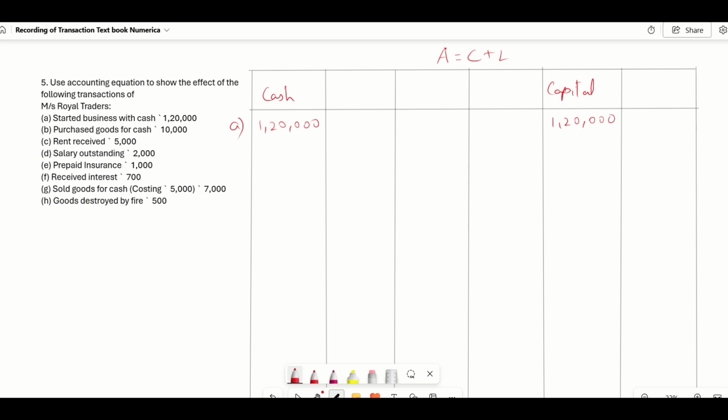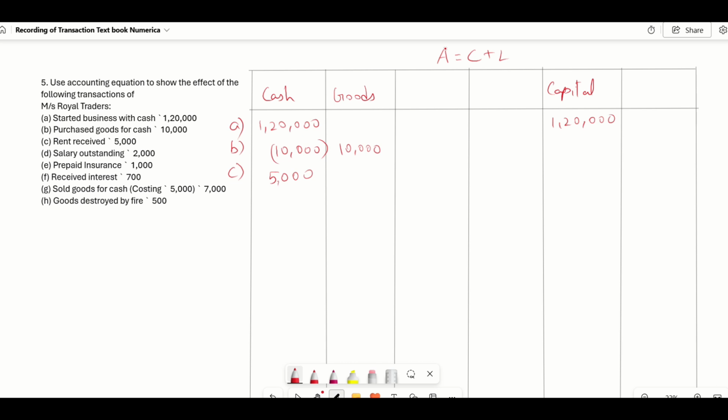Then comes purchased goods for cash 10,000. So cash balance will reduce by 10,000, and what's coming in is goods worth 10,000. So one asset increases and the other decreases. Again, the equation is balanced. Next comes rent received 5,000.